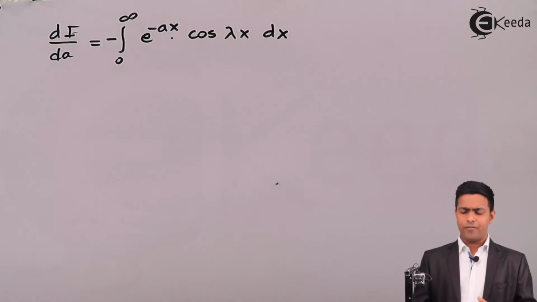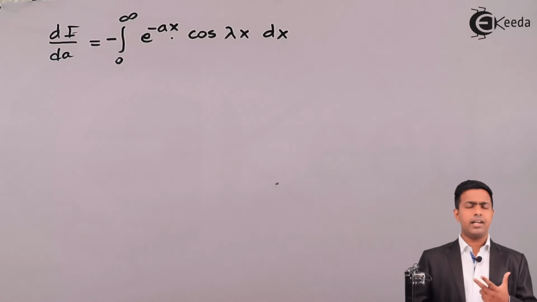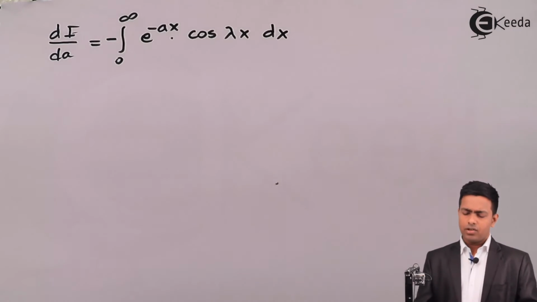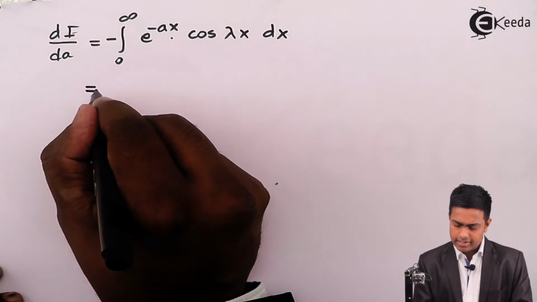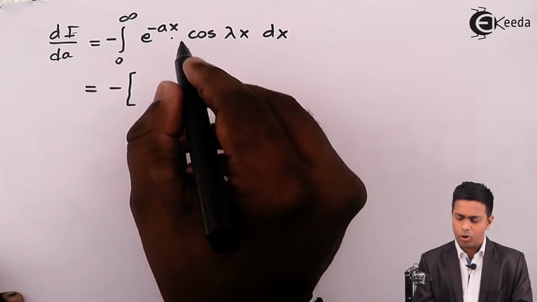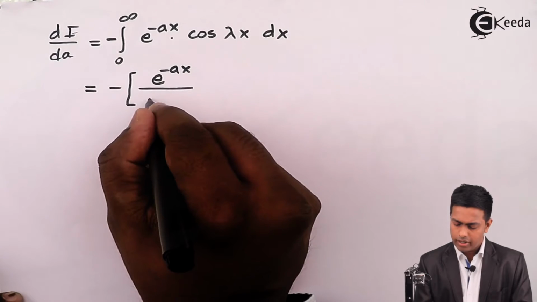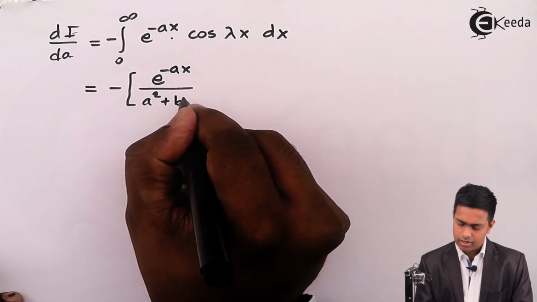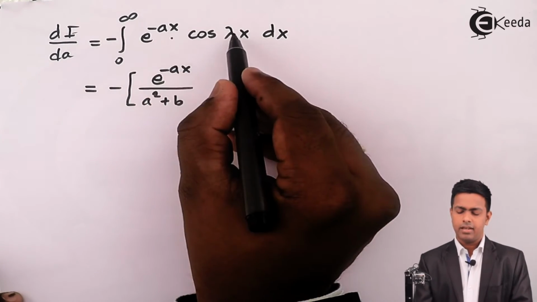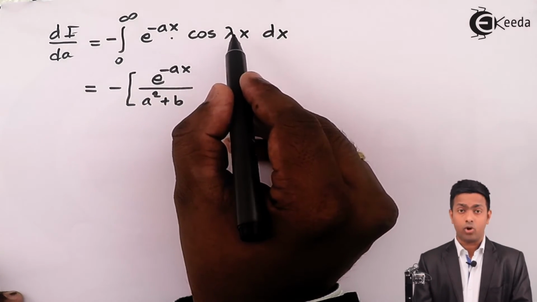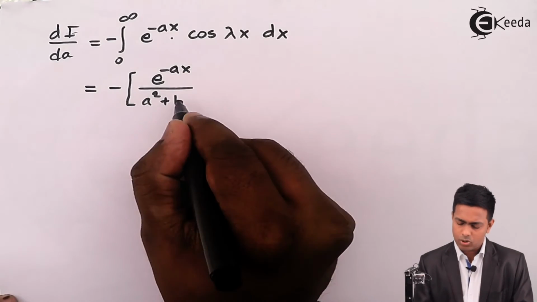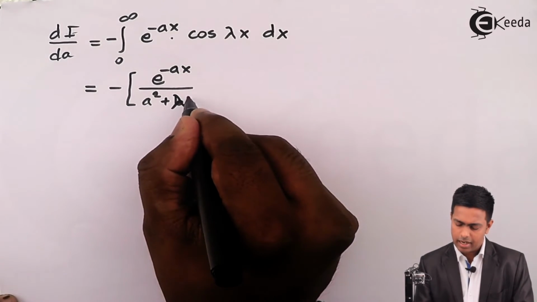If you see the function carefully, guys, it is a standard property of integration, so here I'll use it. Minus sign as it is, and by that property we will get e raised to minus ax upon (a square plus b square). But in our case the second constant is lambda, so instead of b square I'll say it is lambda square.